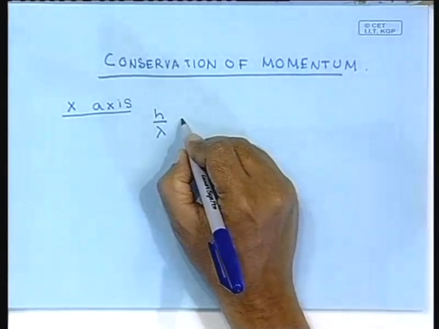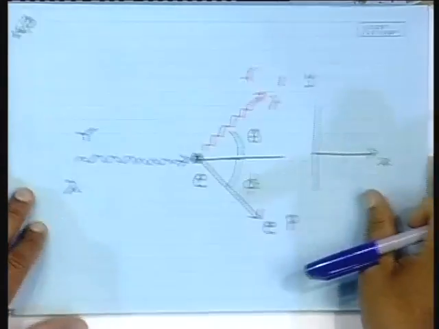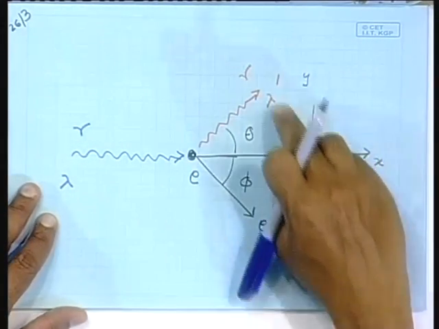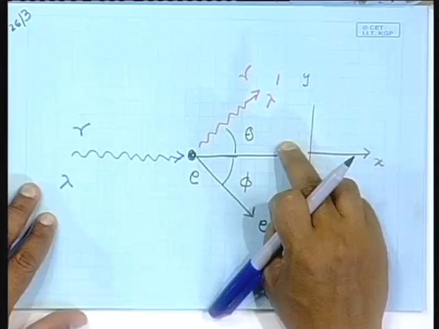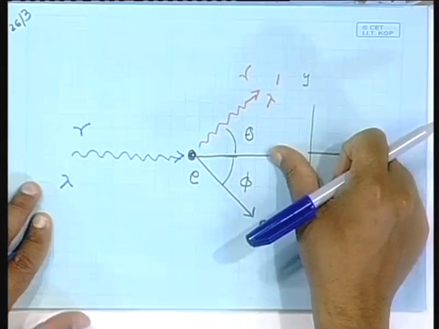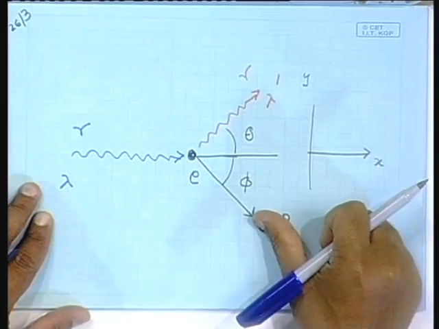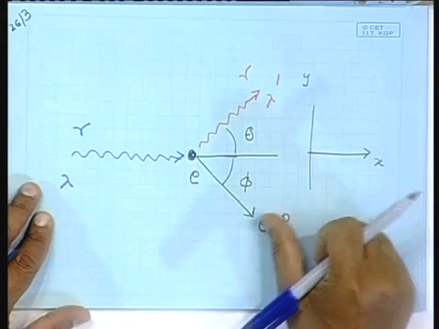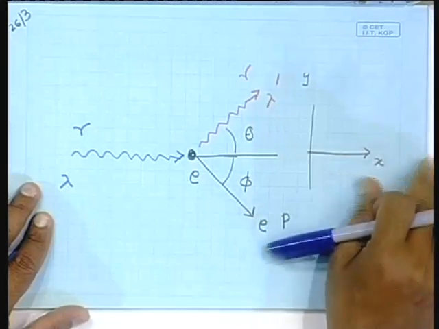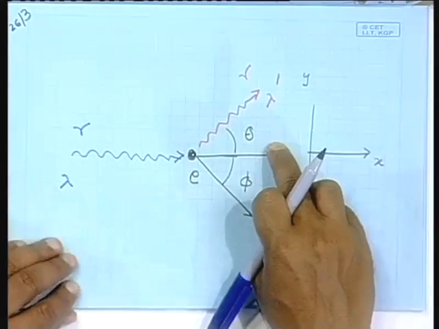This is equal to the x component of the scattered photon's momentum, which is h by lambda prime, and we have to take the x component, which brings in a factor of cos theta, plus p, the electron's momentum, cos phi. Theta is the scattering angle of the photon, right?